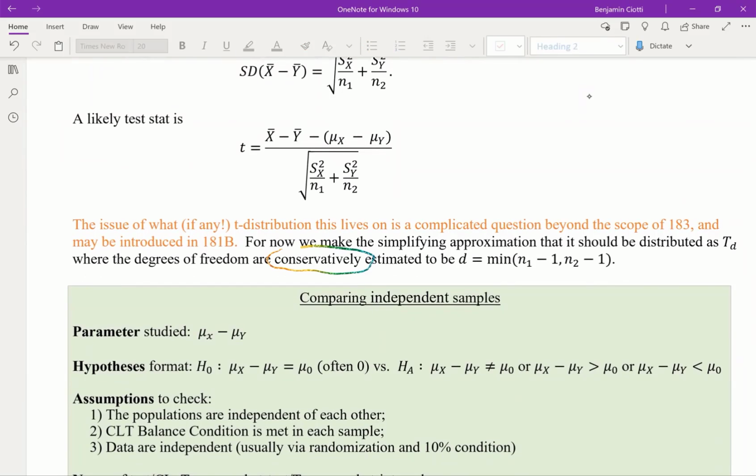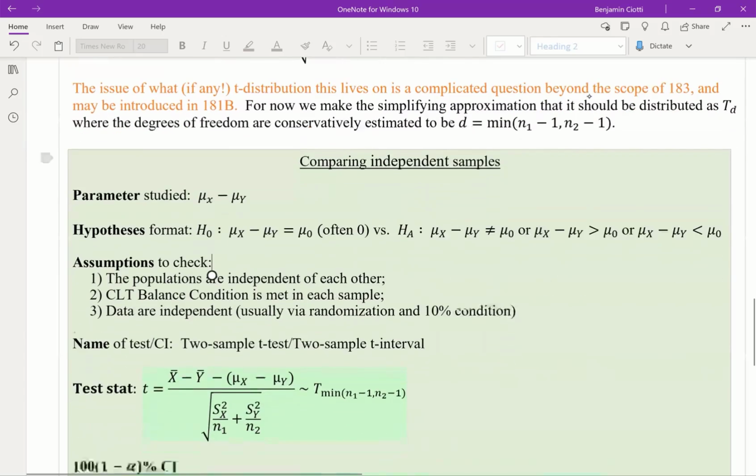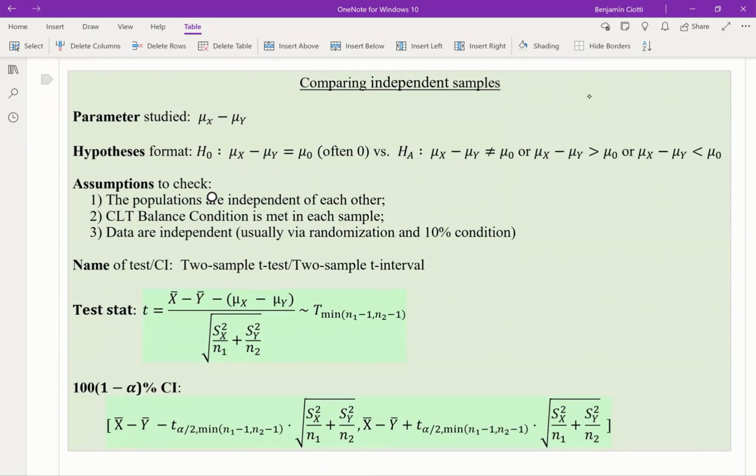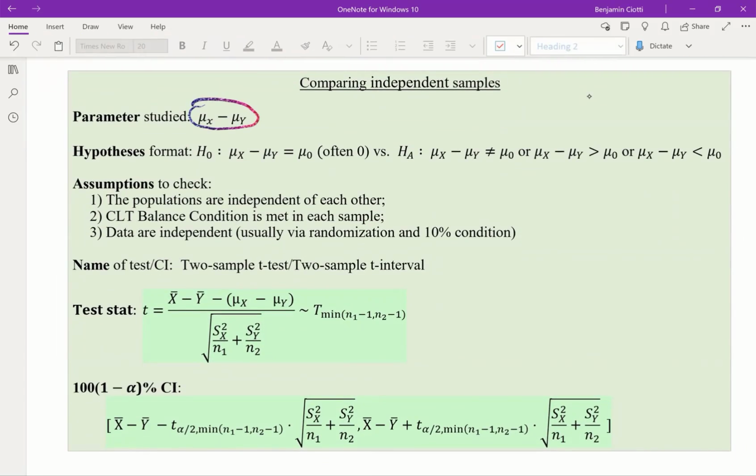And when we say conservative, we're actually using a smaller number of degrees of freedom than we would be using if we were using the more complicated formula. So as a result, we will have distributions with fatter tails and more uncertainty, which is to say we are playing it safe by making this estimate.